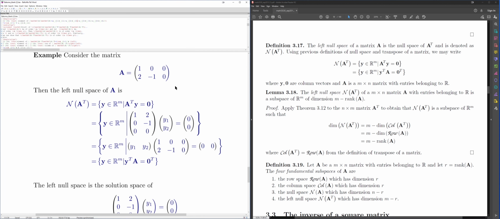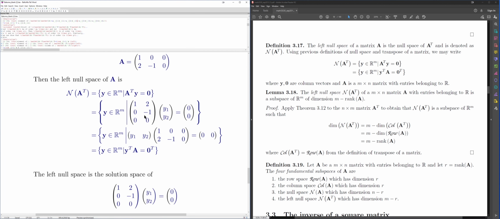So given A, to get the left null space, you take A, form the transpose, and with that transpose, you consider a matrix equation of the form transpose times a vector of indeterminates equal to 0.